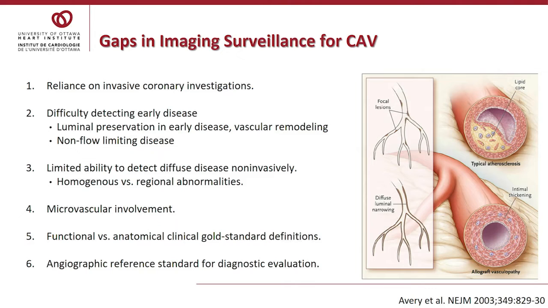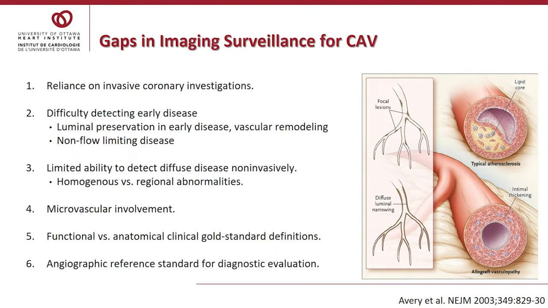And most of our patients will undergo some sort of a screening test for CAV annually. We have difficulty detecting early disease. So when there are early changes just in the arterial wall and the lumen is still preserved, there's no obstruction, there's no flow-limiting disease, it's more difficult to detect this condition at this stage.